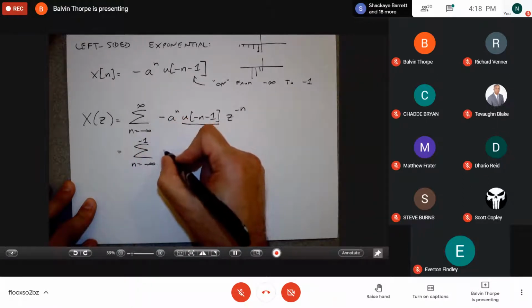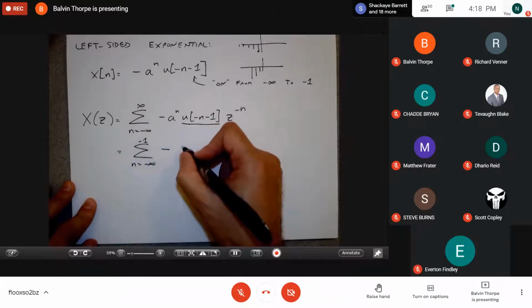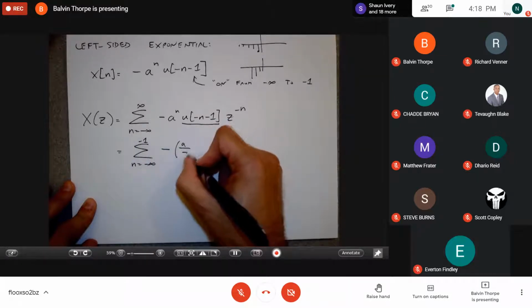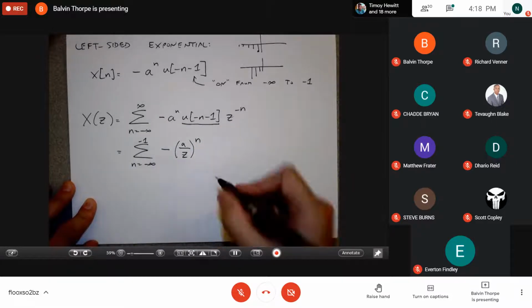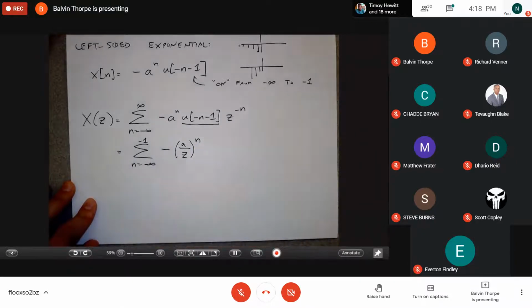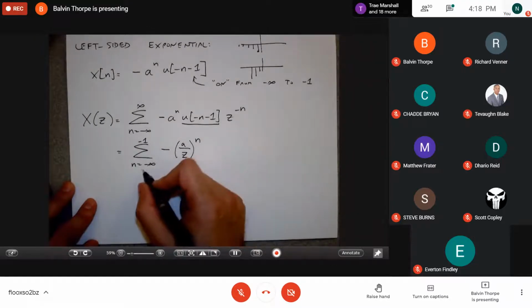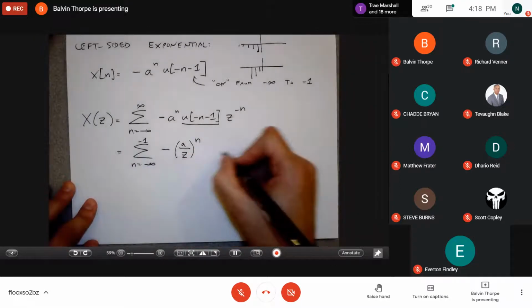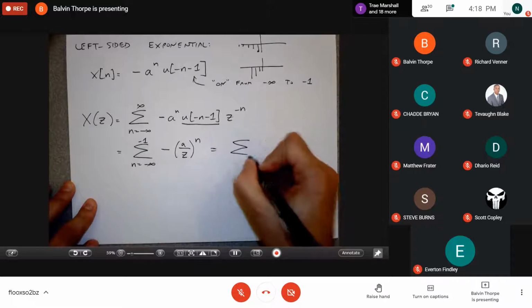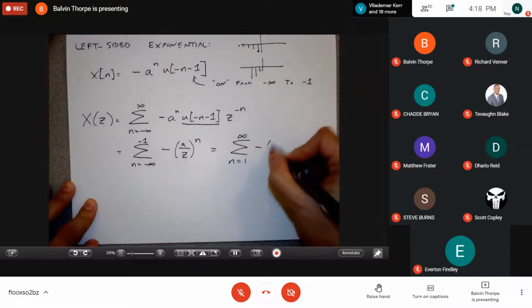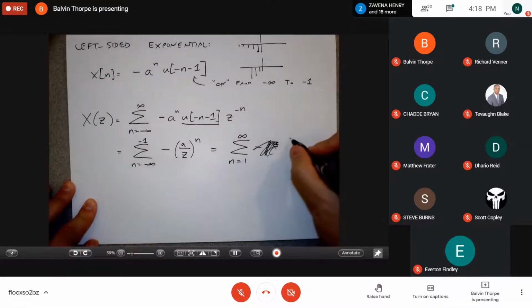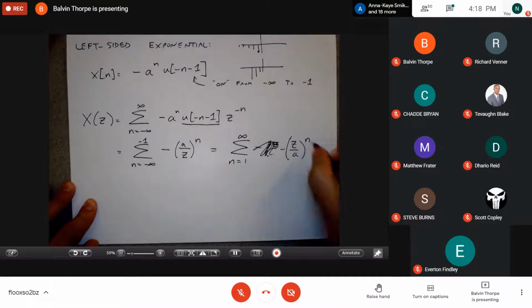And I'm going to have minus a over z to the n. And now I'm going to just relabel what I call n. So instead of going from minus infinity to minus 1, I'm going to just flip this. And now I'm going to have z over a to the n power.